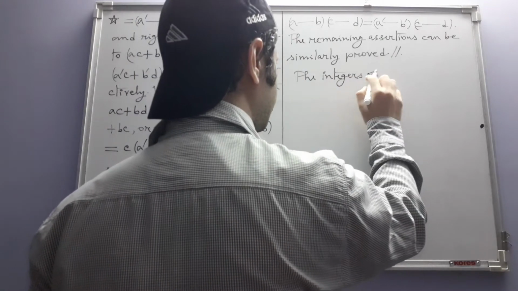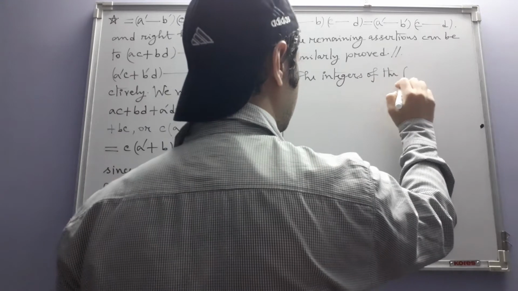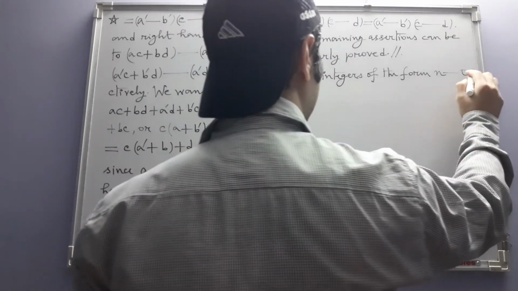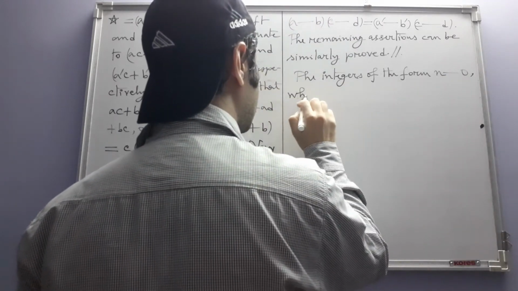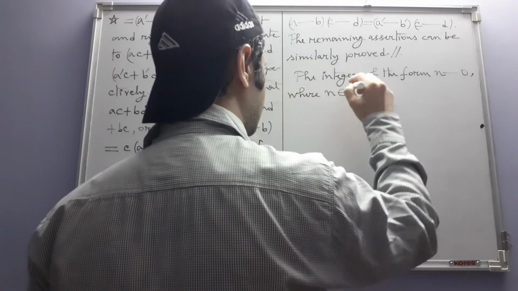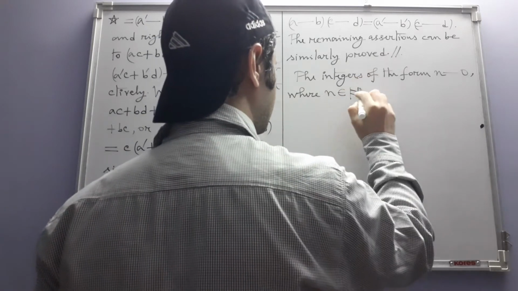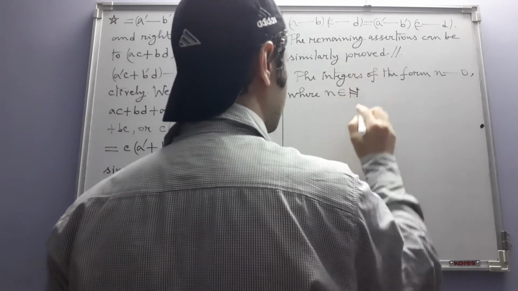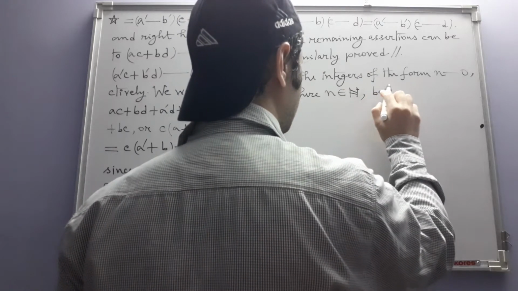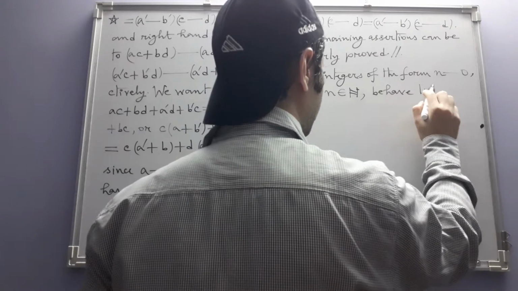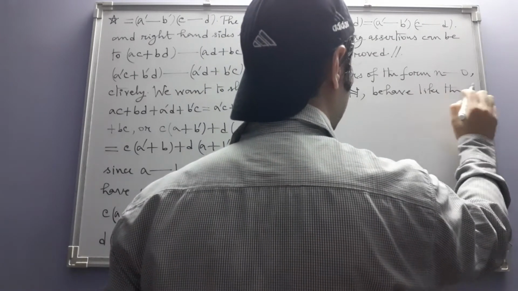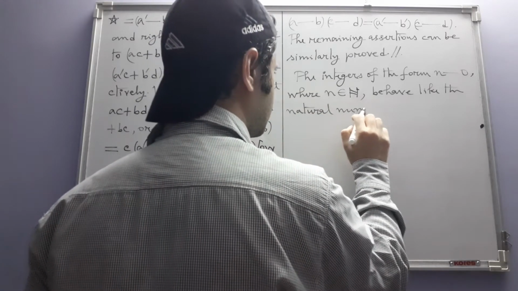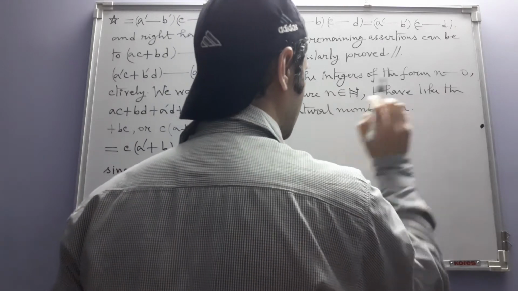The integers of the form n dash 0, where n of course is a natural number, behave like the natural numbers n.